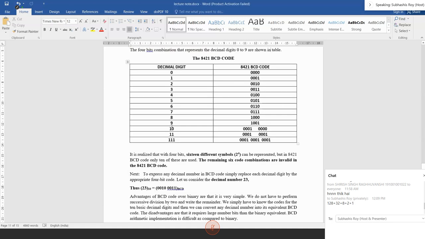Only when you have the decimal digit can you convert it to BCD. It is not for octal or hexadecimal digits. So the number may be given in any number system, but you need to convert it to decimal, and then you can convert it to BCD. That is the point.